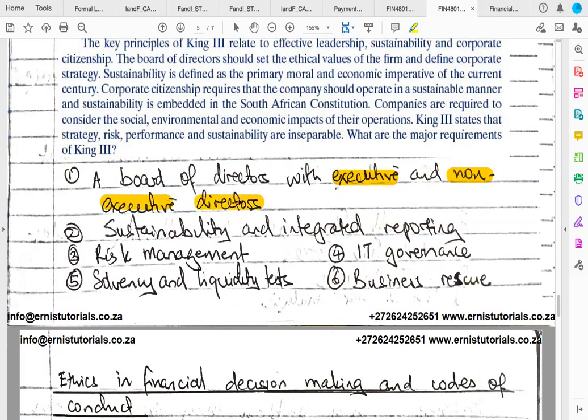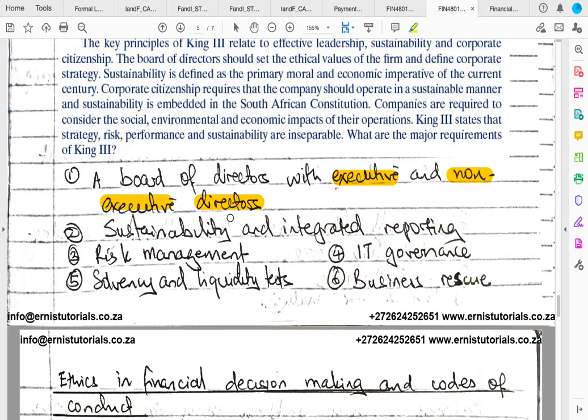Okay, so with any company, the people who are running the company on behalf of the shareholders, who are the board of directors, would then appoint the managers who run the company on a day-to-day basis. This board of directors consists of what we call executive directors and non-executive directors.